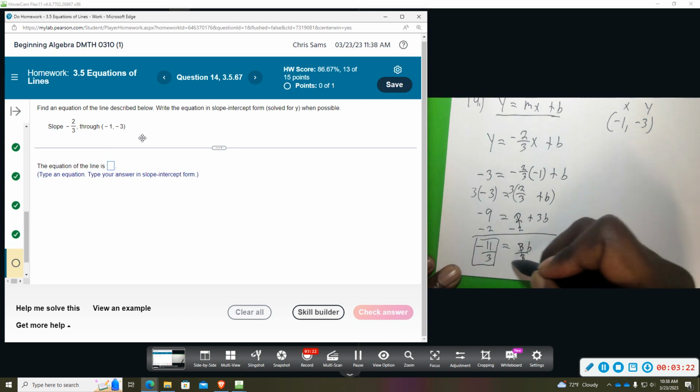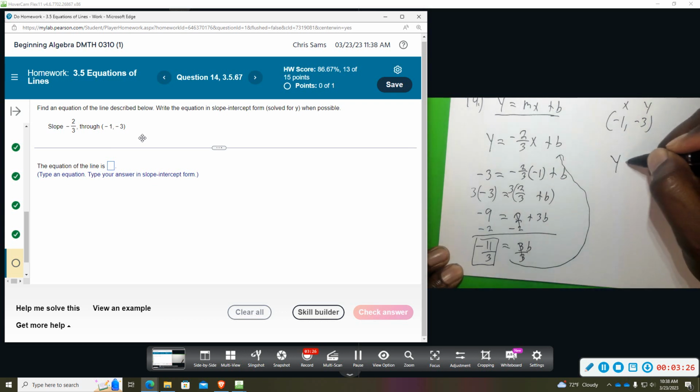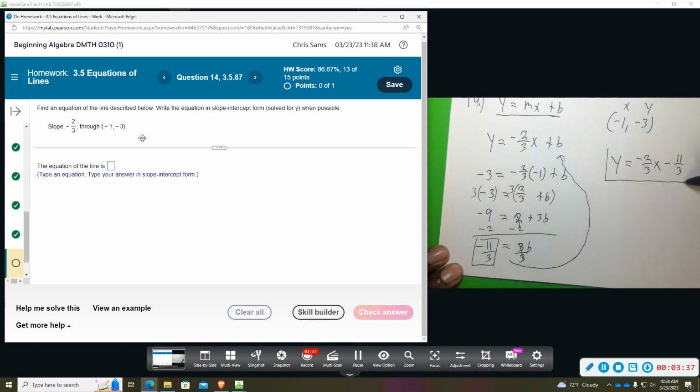So I'm going to take this and plug it in here. And so we get y equals -2/3 x, and then the b value was -11/3.